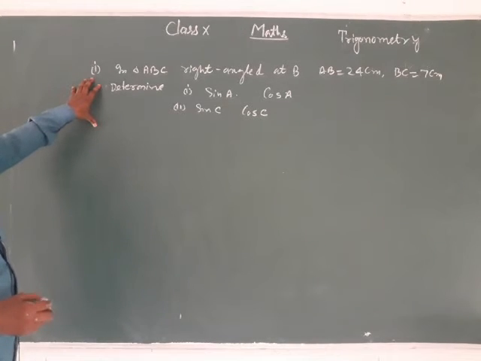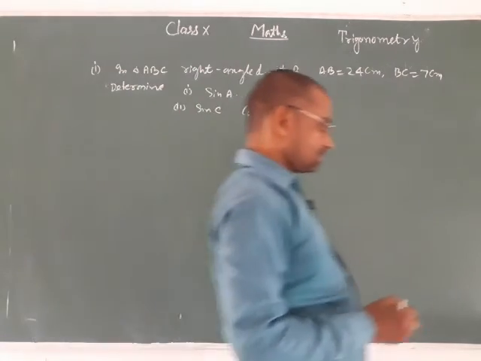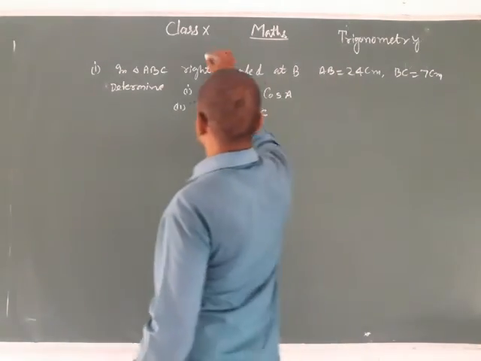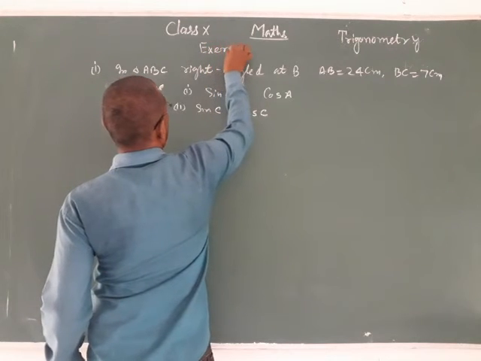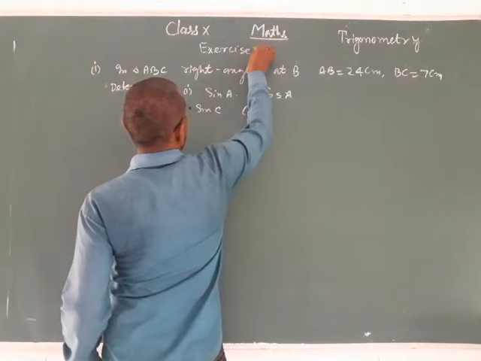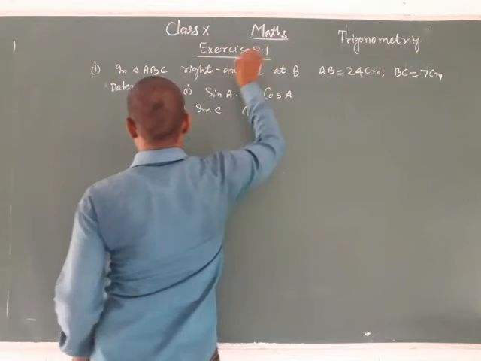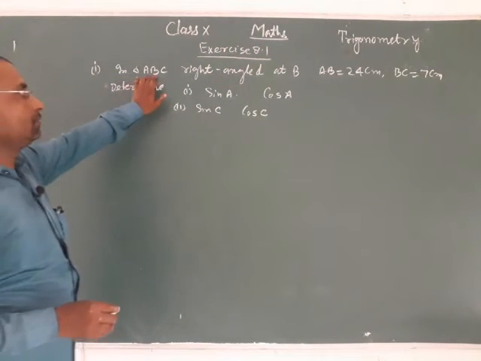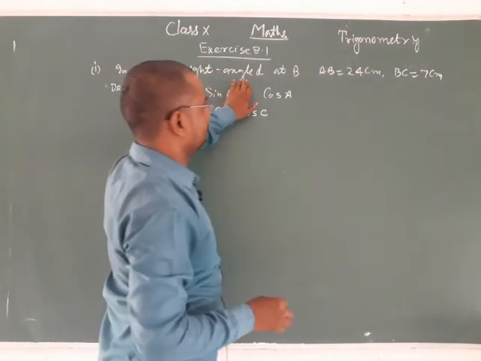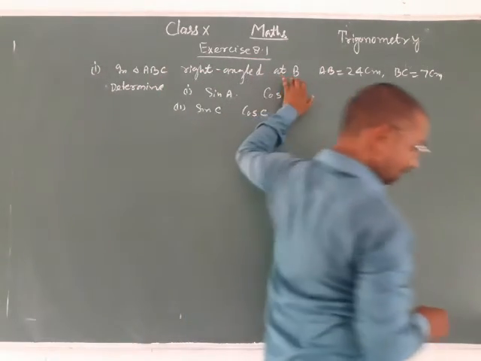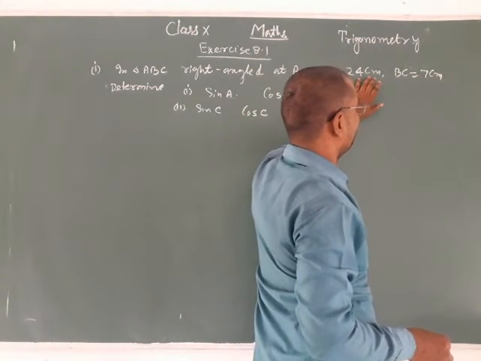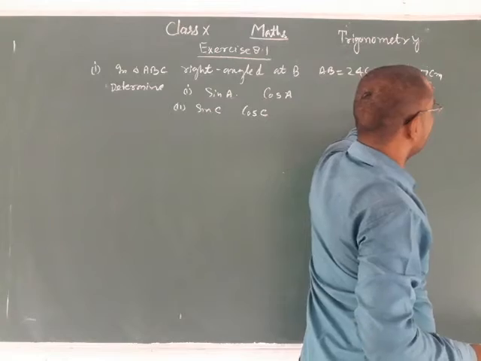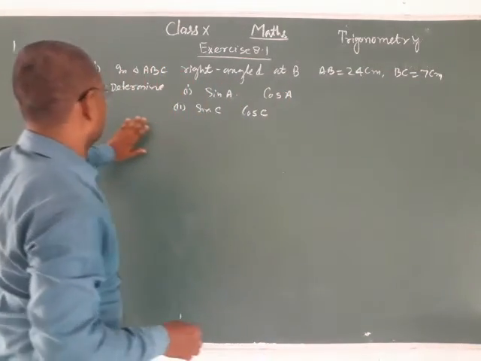Now an example of this: question number 1 in exercise 8.1. In triangle ABC, right angle at B. AB is equal to 24 centimeter, BC is equal to 7 centimeter.